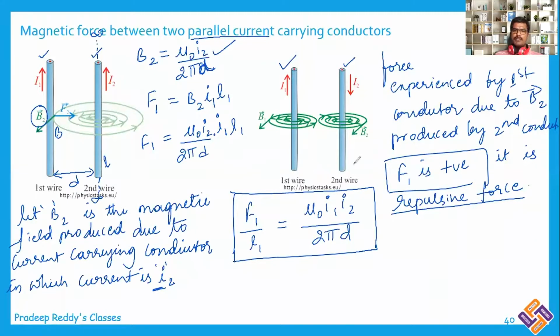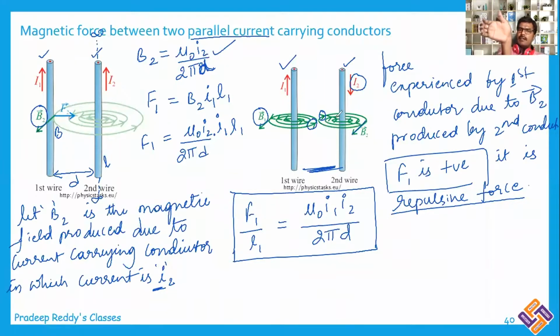Now let us see case 2, where the current is going upward, therefore the magnetic field here is B1, that is outward. And in this case the current is in the downward direction, the magnetic field here is this. As the directions of the currents are different, the forces experienced here will be opposite to each other.